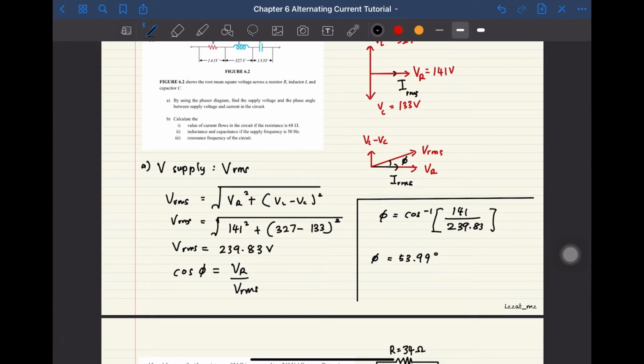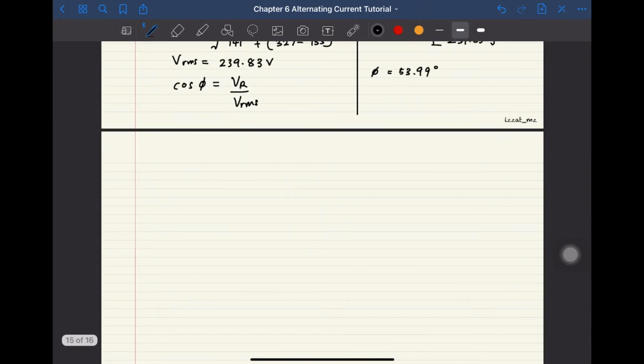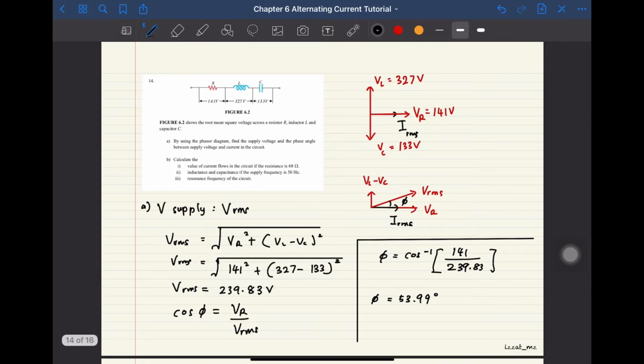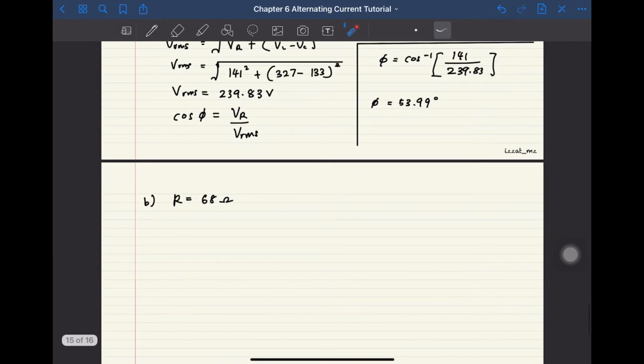Question B: calculate the value of the current flowing in the circuit if the resistance is 68 ohm. Question B1, they now give you the value of resistance. If you look back at your phasor diagram or in the question, they did give you VR. So I can pair VR with the R and use the equation VR equals IRMS times R. Basically I is the same across the circuit.